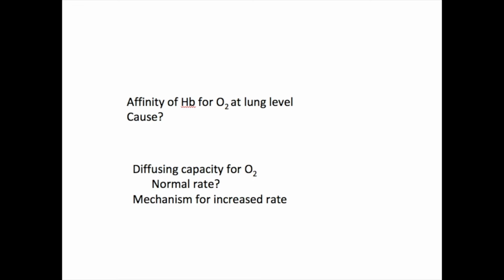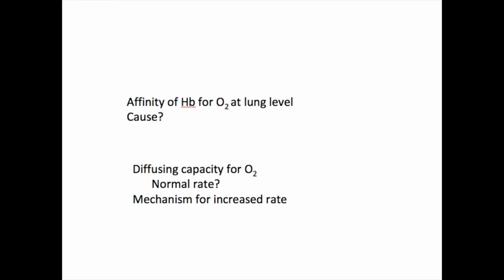Normal diffusing capacity for oxygen is 20 to 21 milliliters per millimeter of mercury per minute. This capacity is increased at high altitude. Even there is a threefold increase during exercise.